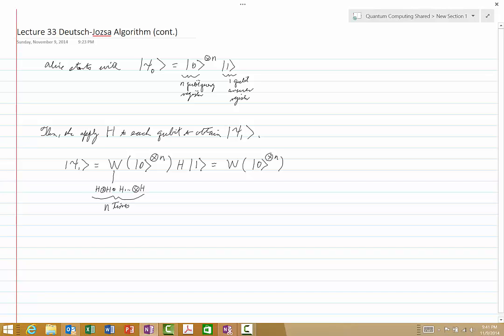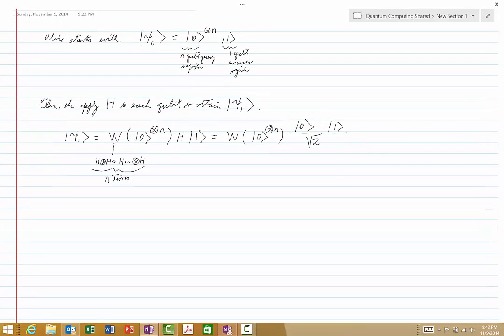And now the evaluation of the second part is very simple, because we know that the Hadamard gate acting on the 1 ket is simply going to be (|0> minus |1>) over square root of 2. We learned that long ago and have used it many times in our different problems.